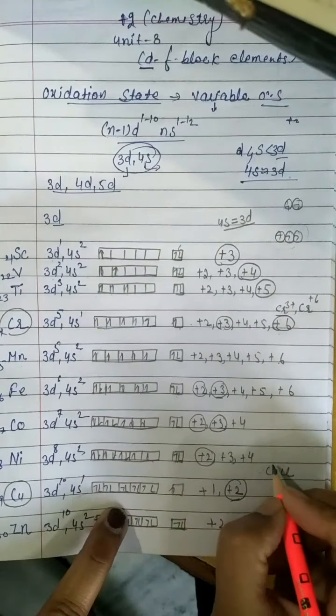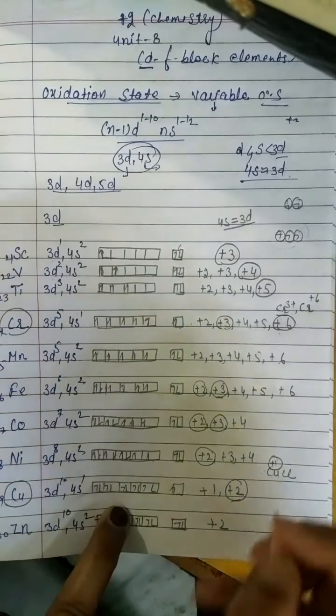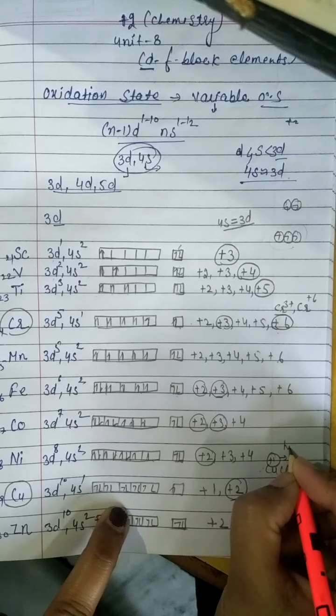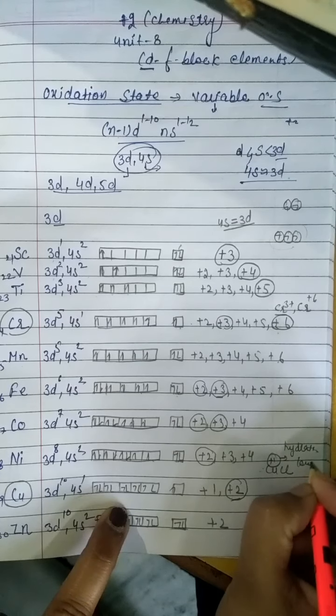If we talk about CuCl, in that case the oxidation state of copper is 1, but the hydration enthalpy is very low.